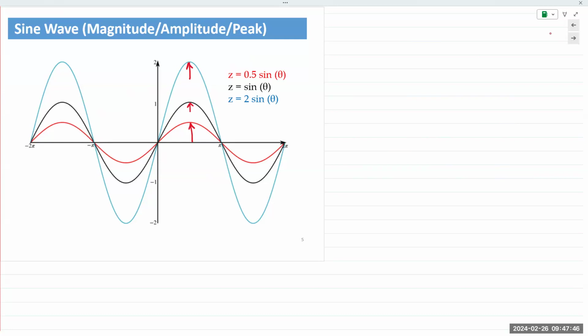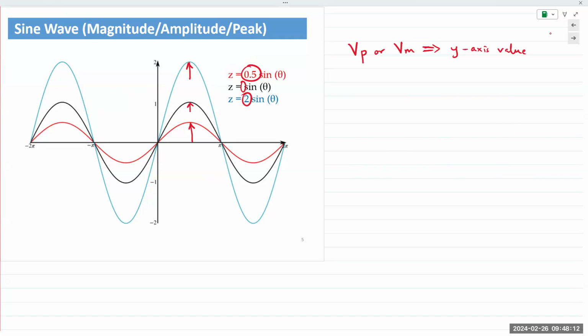So Vp or Vm is the value on the y-axis. In these examples, you can see the first values: 0.5, 1, and 2.